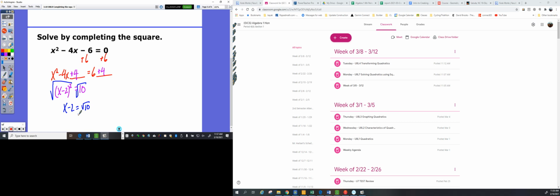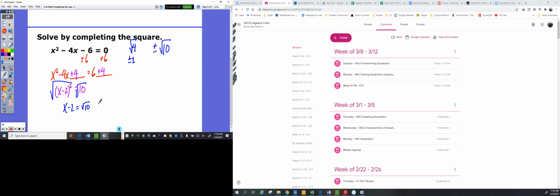It's not that I care whether you simplify it or not. It's because most of the times, if you get a multiple choice assessment that's actually using completing the square, your answers are going to be like this. We already know that whatever the square root of 10 is, it's going to be a plus or minus value, right? Just like if I take the square root of 4, that's plus or minus 2. So whatever the square root of 10 is, plus or minus. Do we agree on that at least?